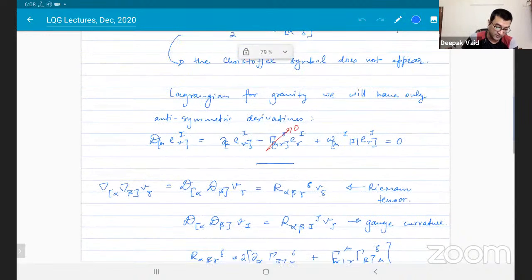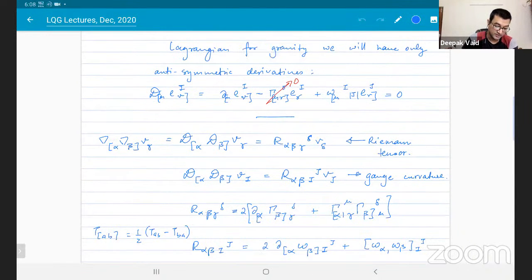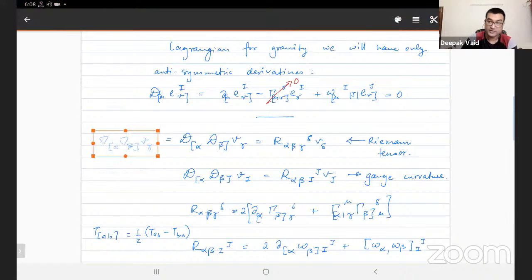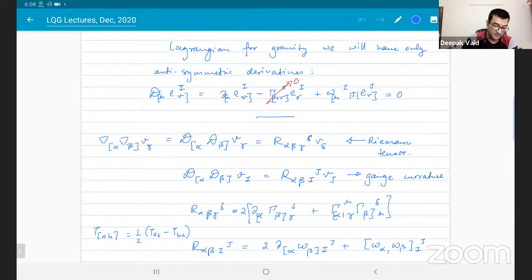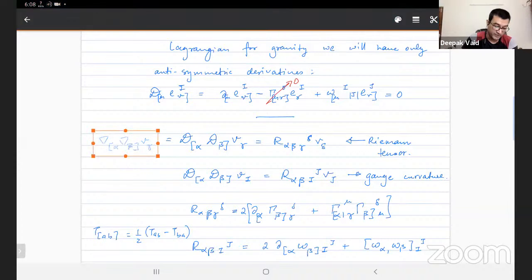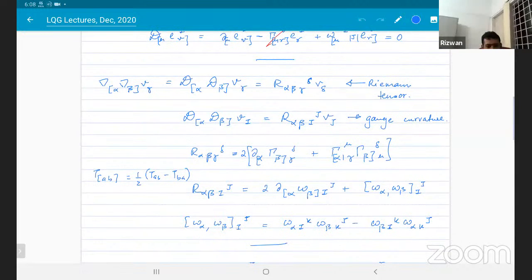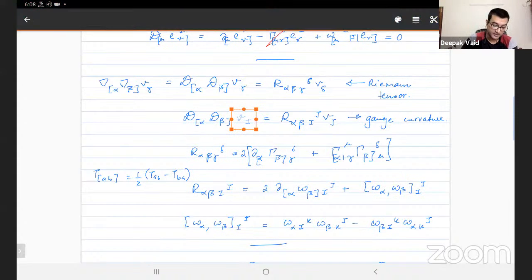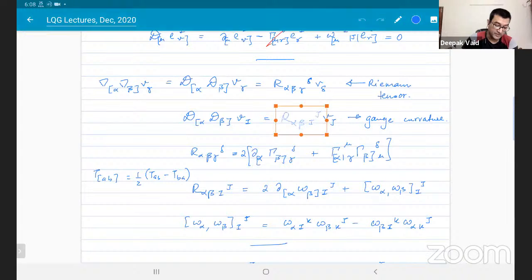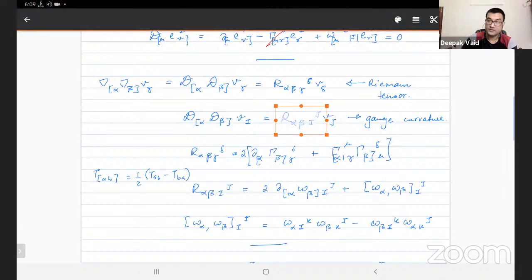We can find the curvature of this connection when it acts on something with spatial indices, and if we do that, we find that it just gives us the Riemann curvature tensor. On the other hand, we can look at the curvature of this connection when it acts on the internal indices. In that case, we get a curvature which has two internal indices.